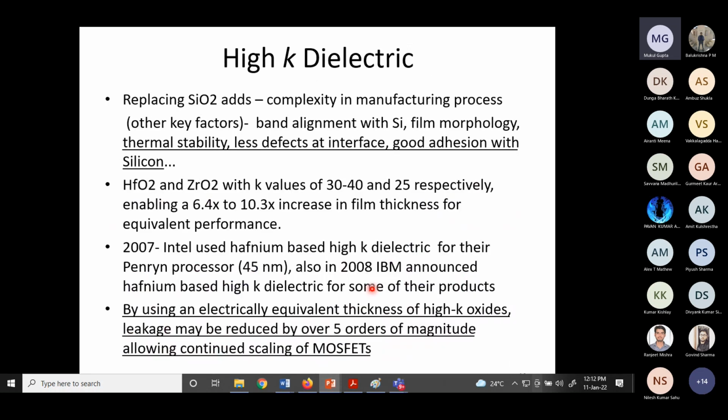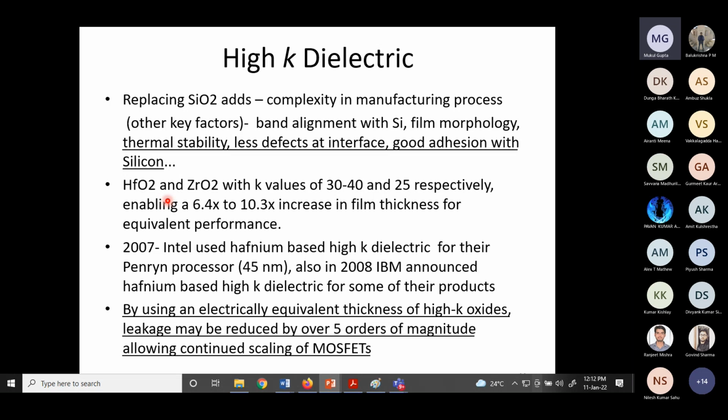Now it turned out that HfO2 and ZrO2 became two very important materials apart from SiO2, which people started using, and industry reported that they got enormous benefit by reducing leakage current, because if you use such a high K material, you don't have to reduce the thickness of the oxide as aggressively as you do for SiO2.